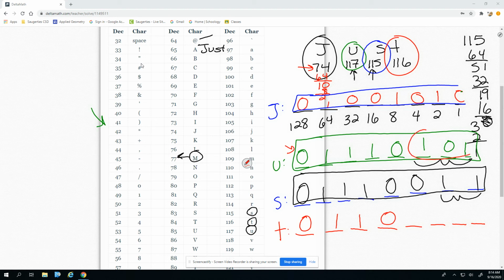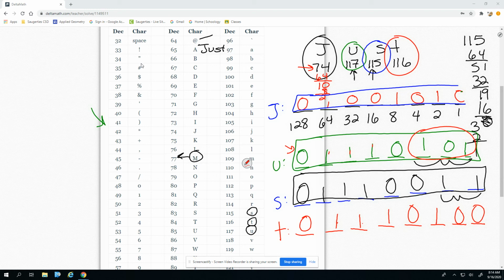I ended this one with 5, so for this one, 0, 1, 1, 1, 0, and I'm going to end with 4, which is 1, 0, 0 at the end.